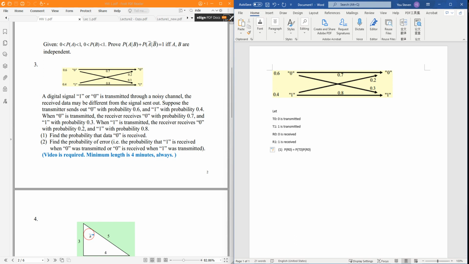So it receives R0 under the condition that T0 is transmitted, plus this path is that 1 is transmitted, but it receives a 0 as some errors. So it's T1 is transmitted and receives R0 under the condition that T1 is transmitted.